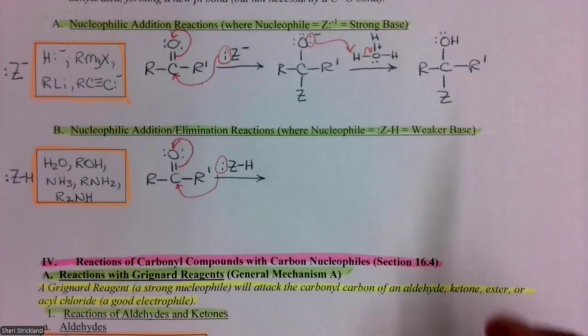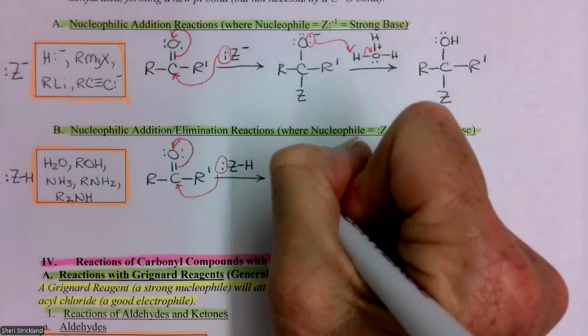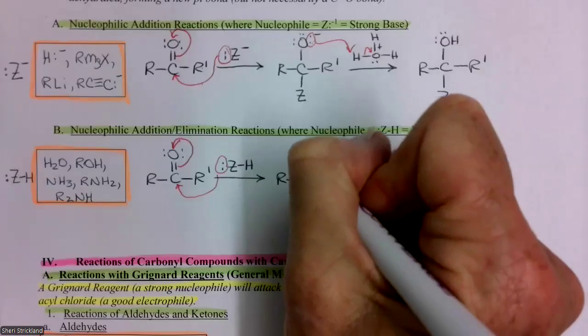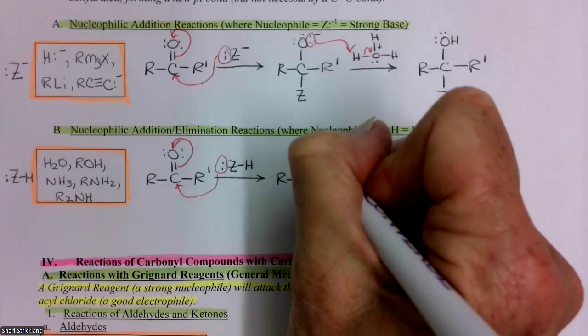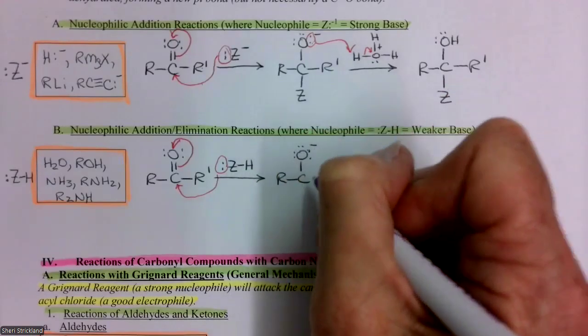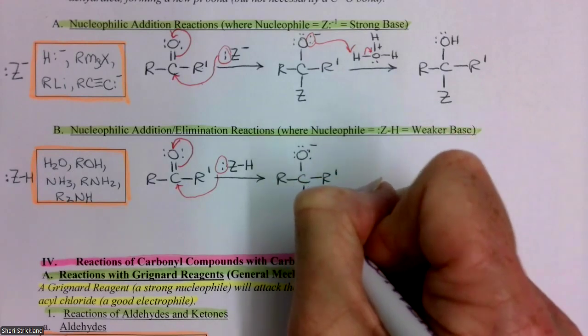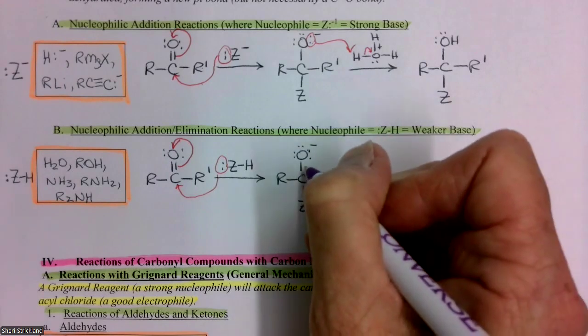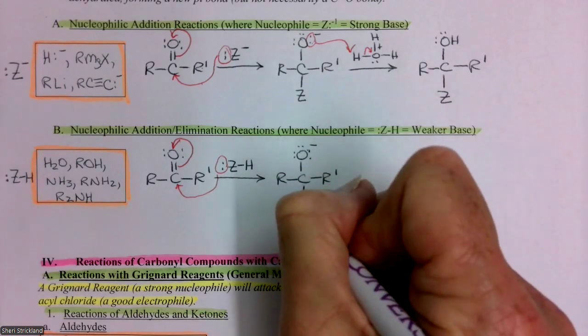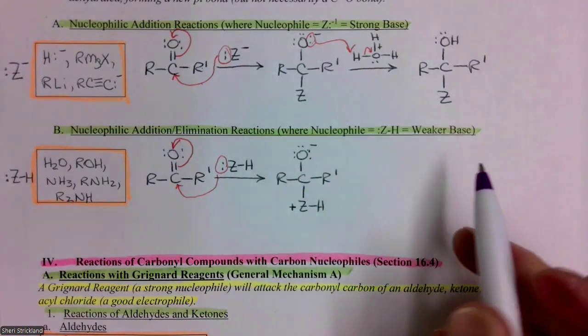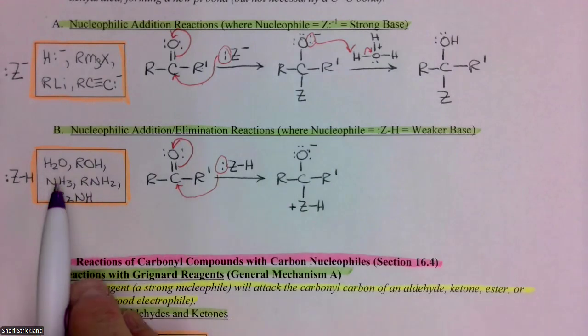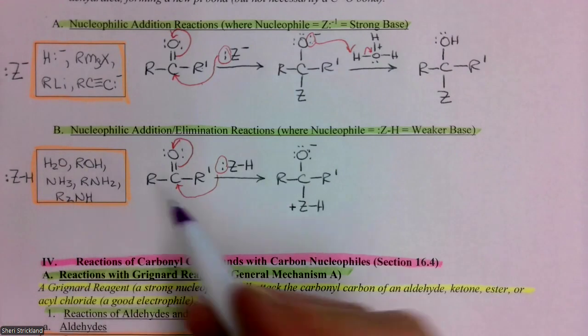And so then we have a tetrahedral intermediate that looks like this. And there are going to be two charged atoms here. The oxygen is one of them, and this Z, whatever the nucleophilic atom of the nucleophile was, so it will either be an oxygen or a nitrogen.